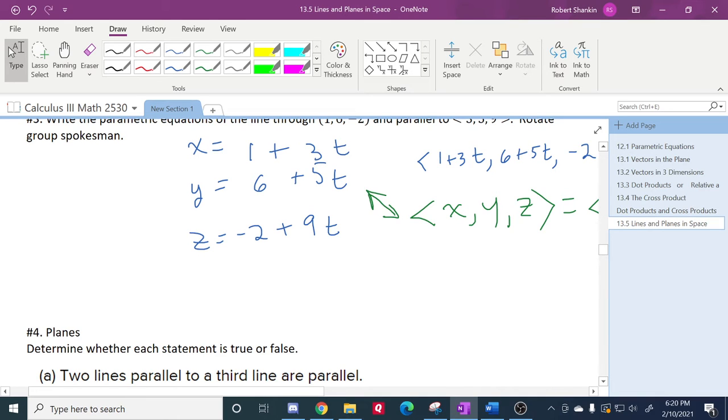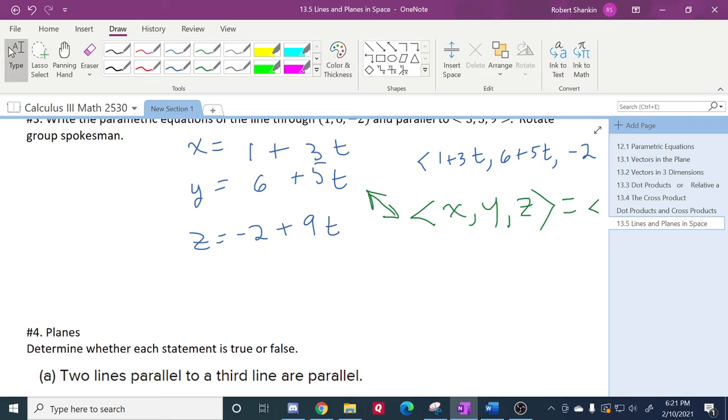As you're trying to figure it out, you might want to use sheets of paper or the front of a book as a plane, maybe a couple sheets of paper. And you might take a pen or a pencil as a line, holding these things up in space, trying to figure out whether these statements are true or false.